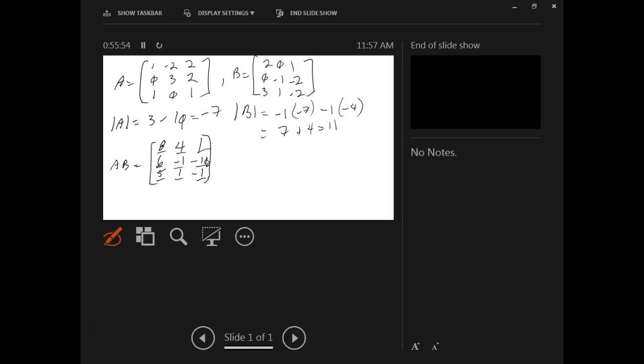And then actually I think I would take this one, add it to this one, and get a 0 here, and 5 times this to add it to that, get a 0 there. And then it would be a pretty easy thing to do, I think.